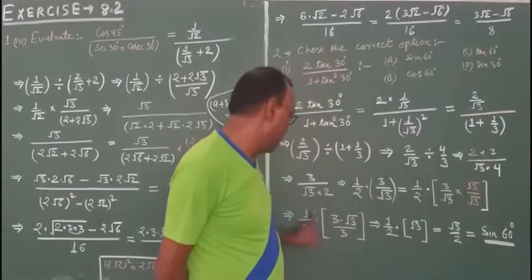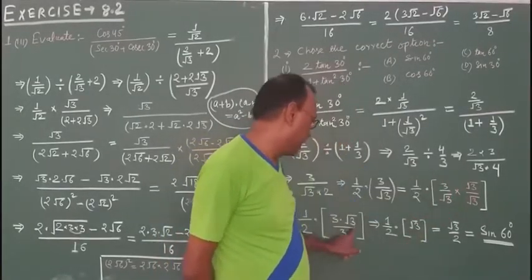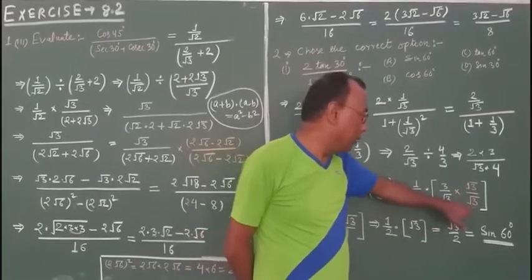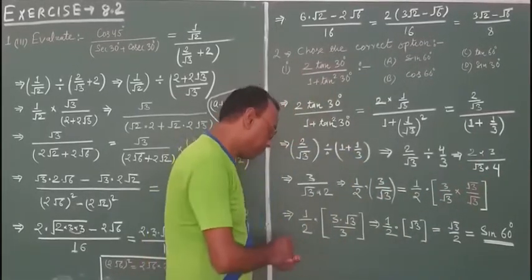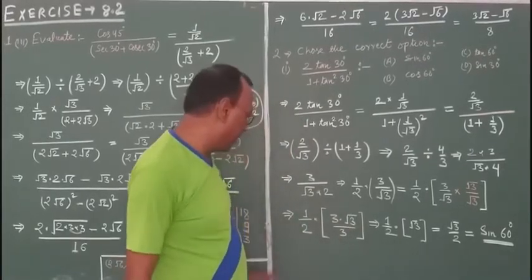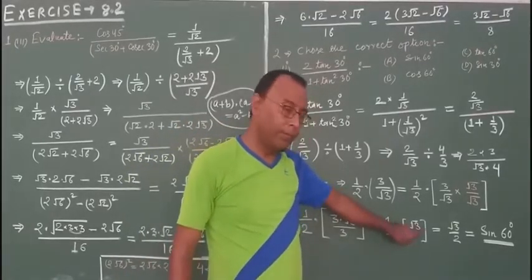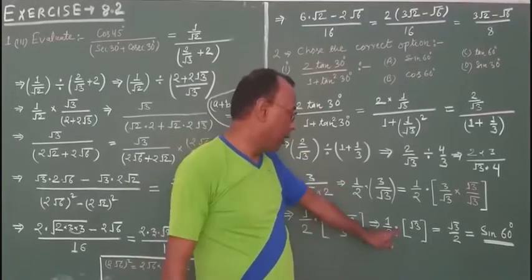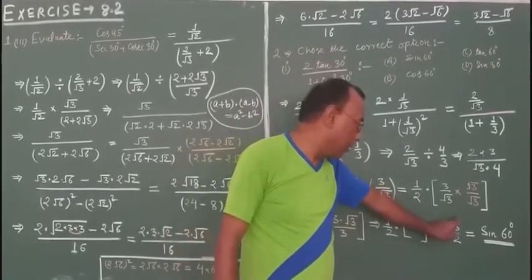So what will happen? 1 upon 2 into 3 under root 3 upon under root 3 into under root 3, which will become 3. Now this 3 and this 3 will be cancelled out. What will be left here? 1 upon 2 into under root 3. Now multiply: under root 3 upon 2.